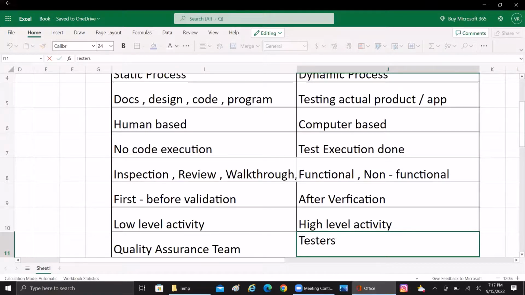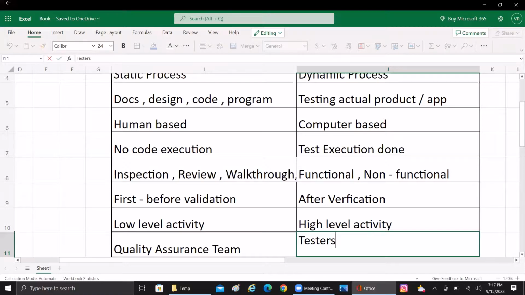Since verification is done at an early stage, there are chances that it will catch many errors. And whatever errors are missed by the QA team during the verification process will be identified as part of the validation process.